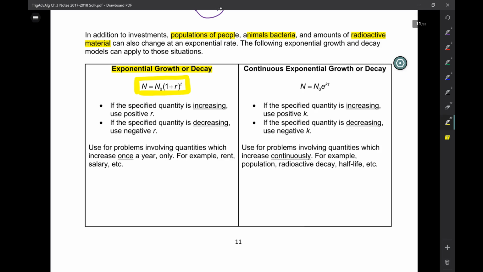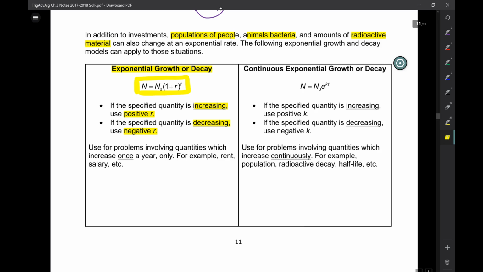If the specified quantity is increasing, population is increasing, bacteria is increasing, then use positive r. If the specified quantity is decreasing, there's a population of foxes that are dying, there is some radioactive material that's decaying, you use negative r.